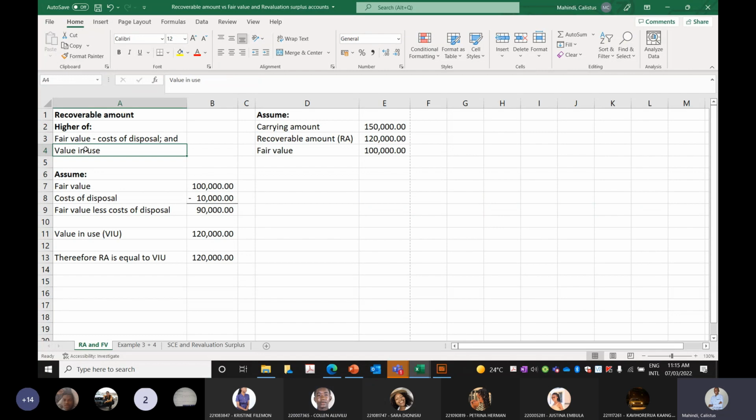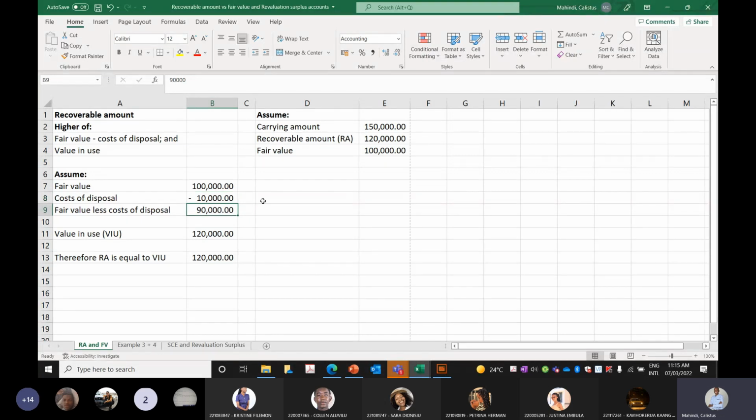Okay, so I've put examples here. Assume these numbers are just theoretical. I've given you a fair value of 100,000, cost of disposal 10,000. So your fair value less cost of disposal will be 90,000.